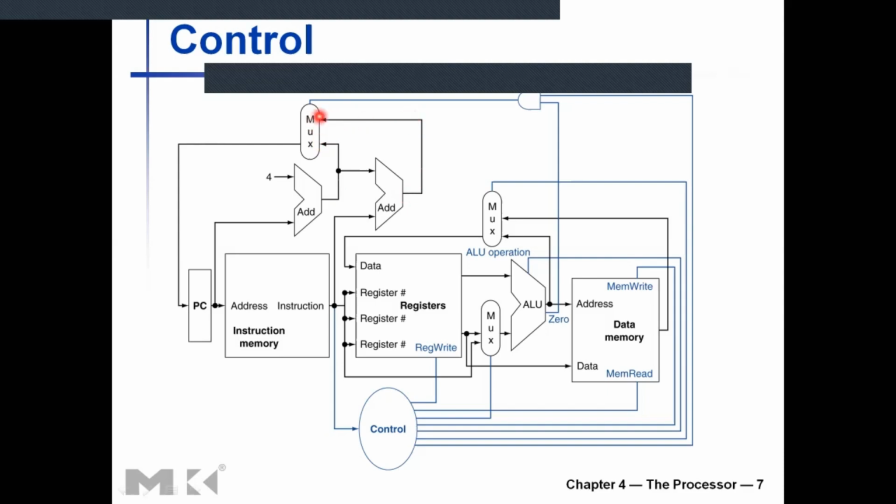So pick one from these two different inputs coming into the multiplexer, and the selected outcome will be given into the program counter.